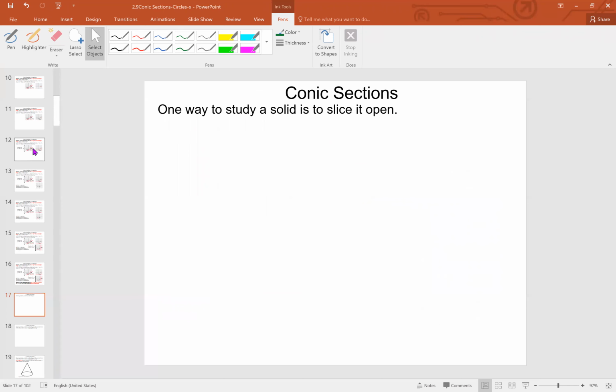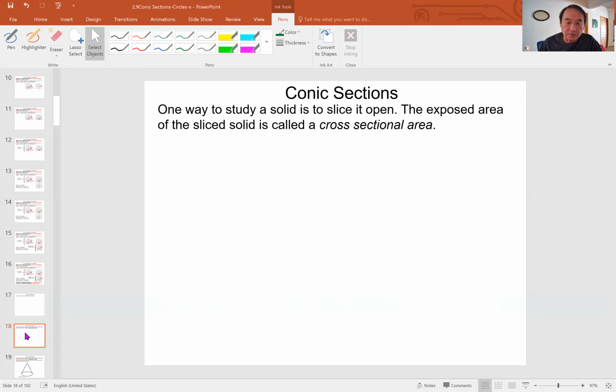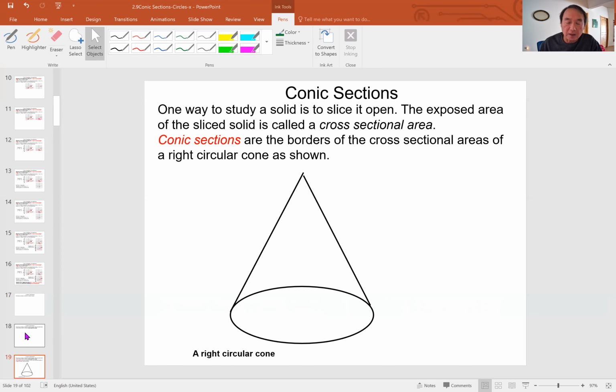They are called that because the pictures correspond to the exposed cross sections of a cone. One way to study a solid is to cut through the solid to look at the cross sections. Okay, and so these are the cross sections of a cone.